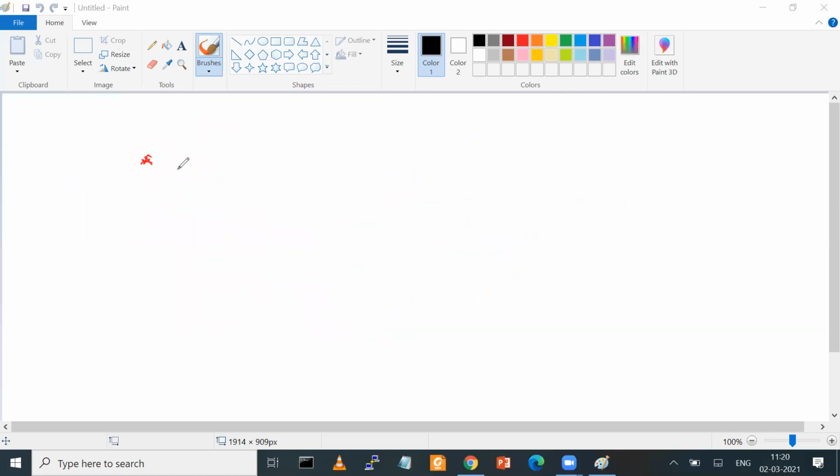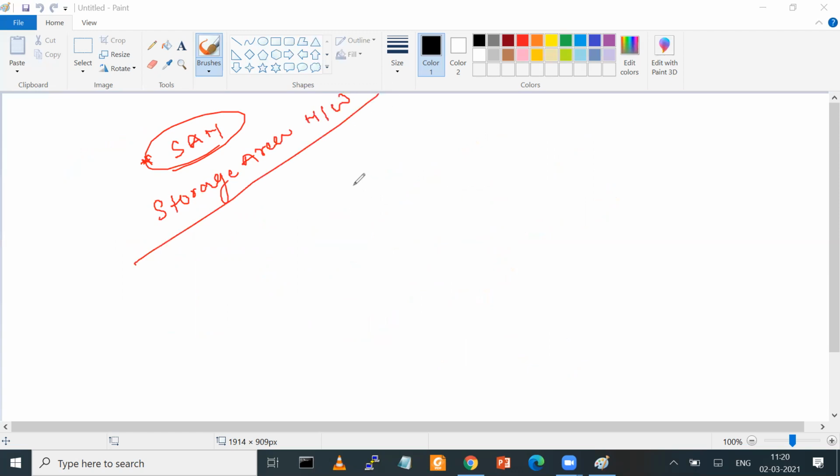After PAN, there is another kind of network, SAN, storage area network. Storage area network is like, let's say we have two sites, site A and site B. Let's say this is a bank network.